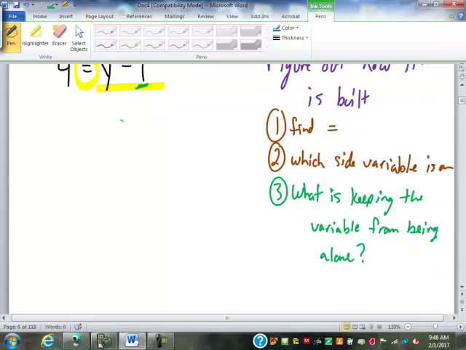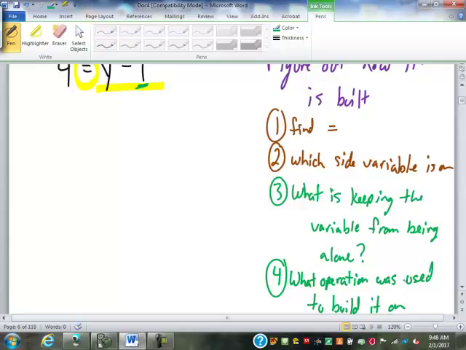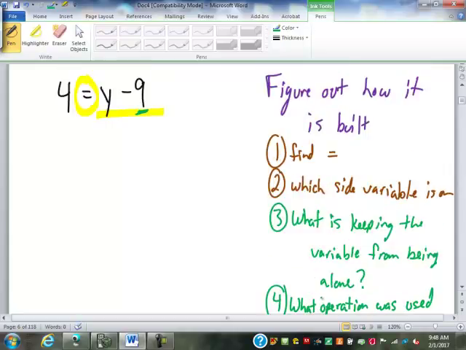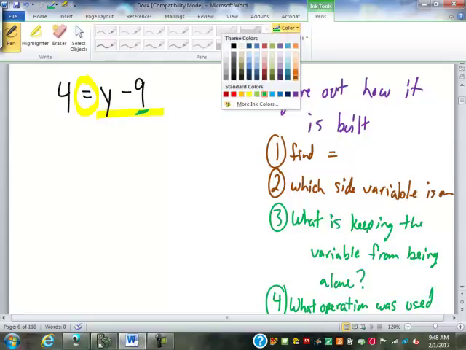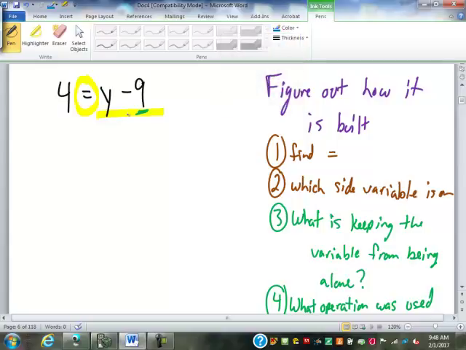And the final question, how is it attached? Or what operation was used to build it on? So here, what operation was used to build the 9 onto my y? It was subtracted. So how am I going to get rid of it? Add it. So I add 9, makes that 9 go away.